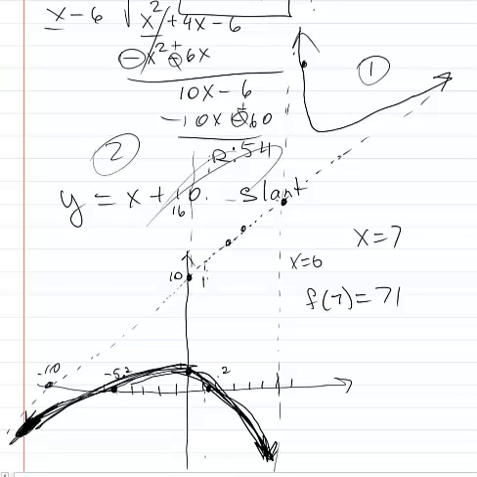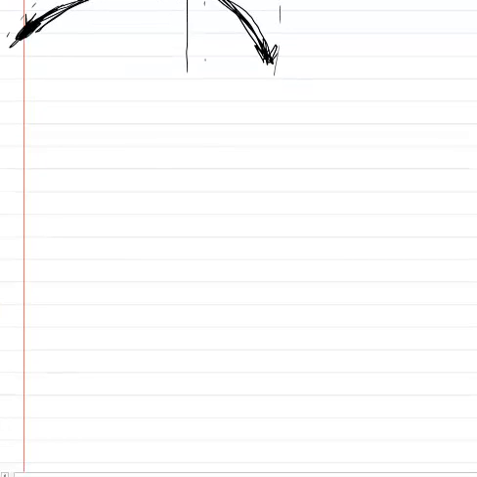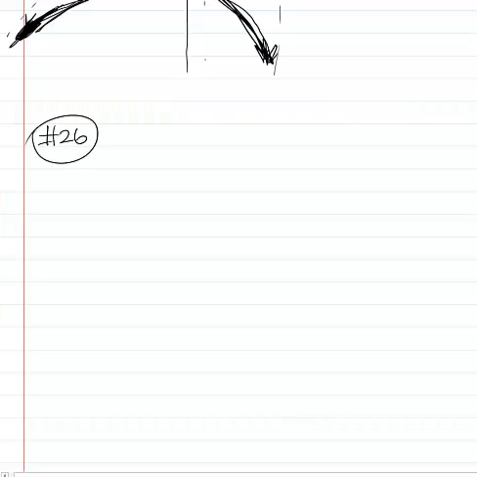So let me do question number 26. Question number 26 is asking us to use the vertex and the intercepts to sketch a graph of the quadratic function. So here you've got f of x equals, this is a good difficulty problem, expect something of that type to appear in your test.